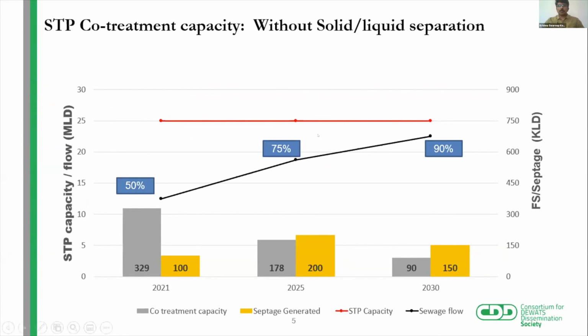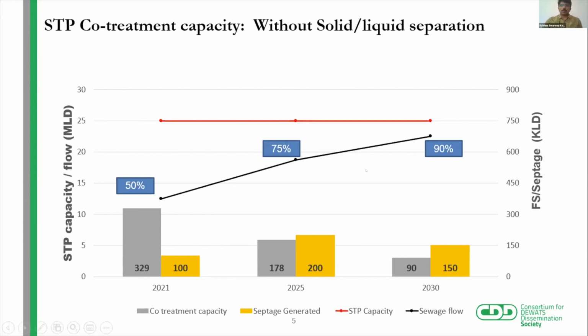As the utilization goes up, that is, as we reach 75%, we see that we can only co-treat 178 KLD, but our generation is expected to be 200 KLD. So we are getting more than what the STP can co-treat without solid liquid separation. And as we go towards the 90% utilization, we see that while our generation is 150 KLD, we can only co-treat 90 KLD.